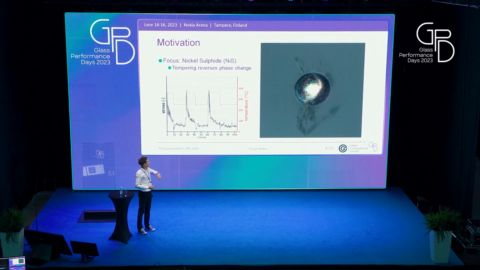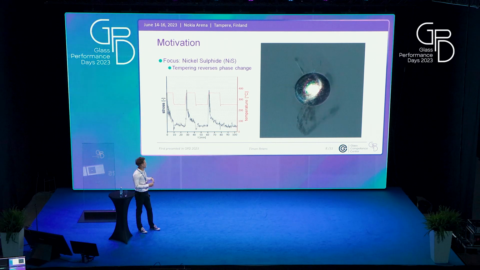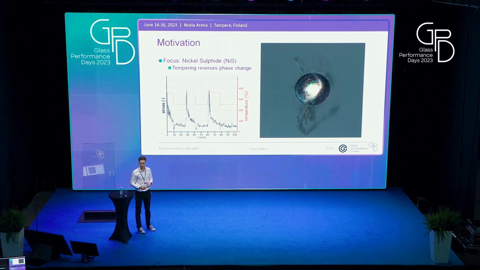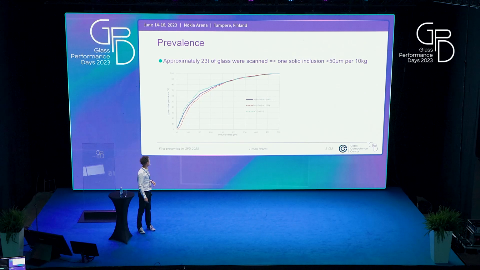On the right, we can see one of these inclusions that I had put in a tempering oven, and we can see that the cracks completely closed, and they're only visible because some diffusion had happened and some debris or whatever accumulated in the cracks before the cracks could close.